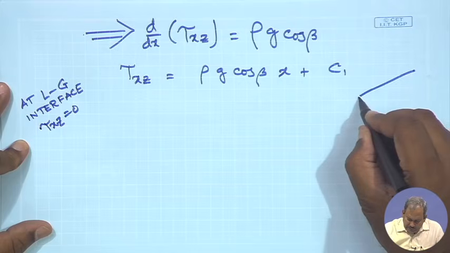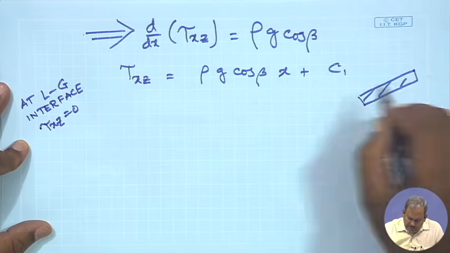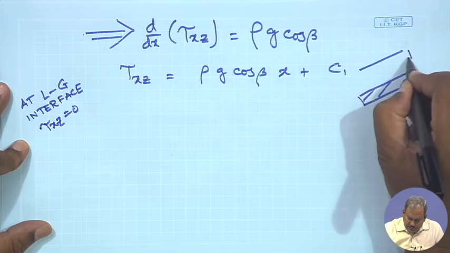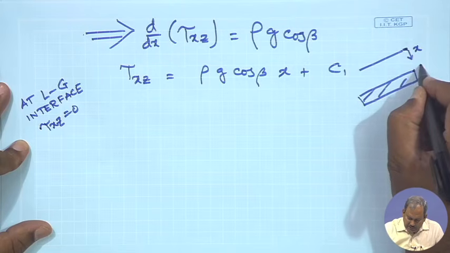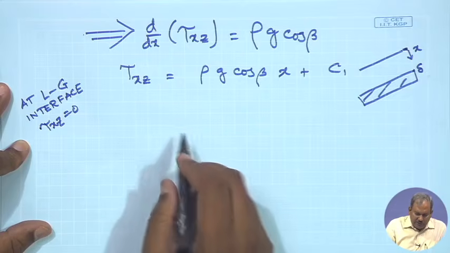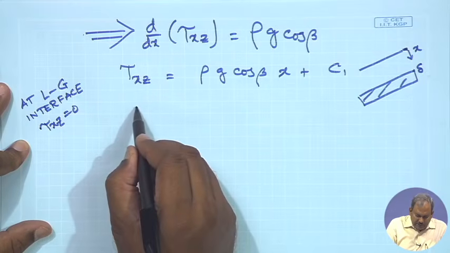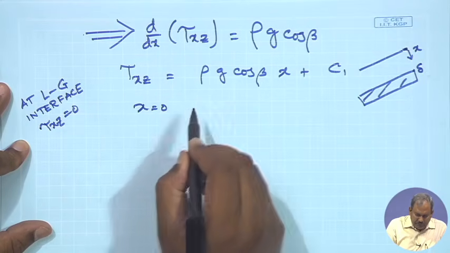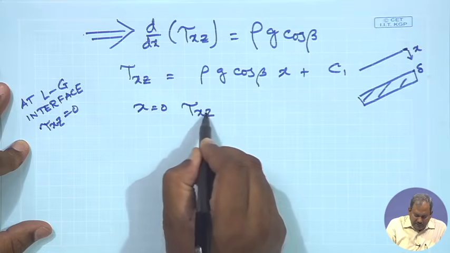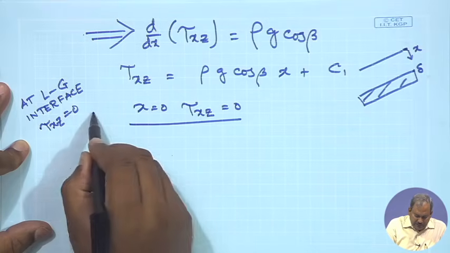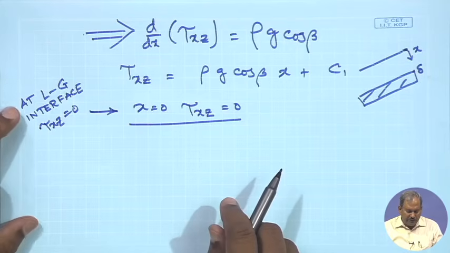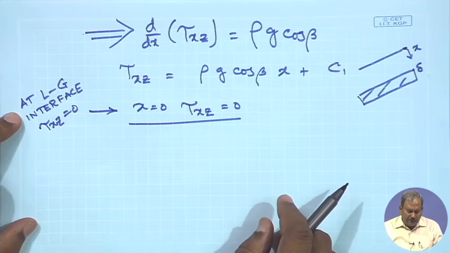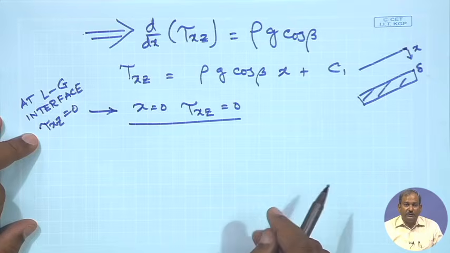So this is the plate, this is my film, here is x, and this is x equal to 0, and this is x equal to delta. So at x equal to 0, tau xz is 0. It's a direct relation from direct observation of the liquid gas interface. The shear stress would be 0, which we have explained before.